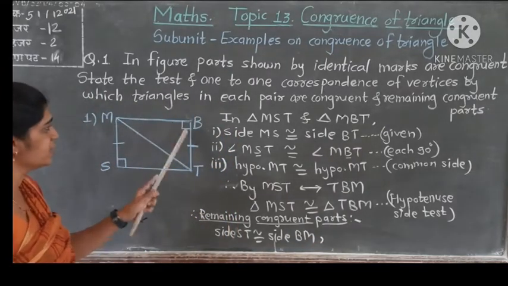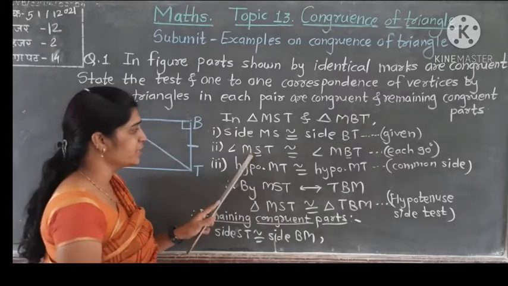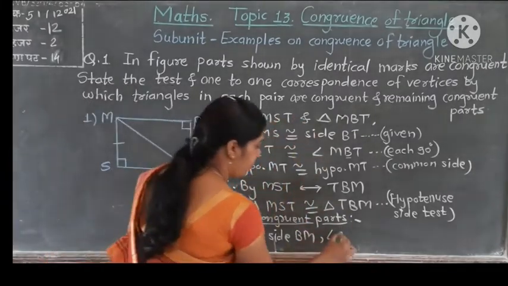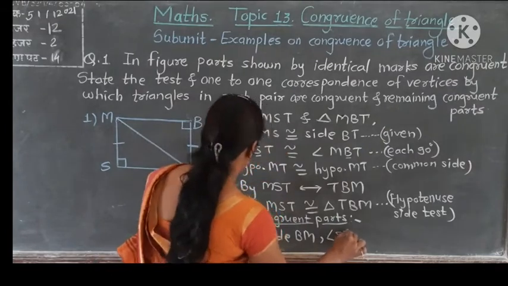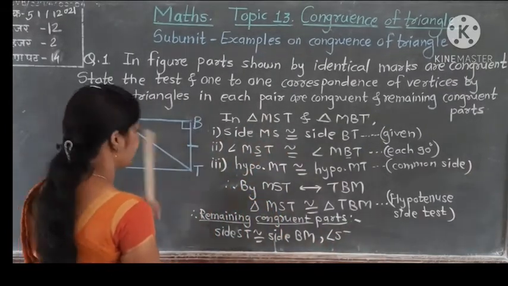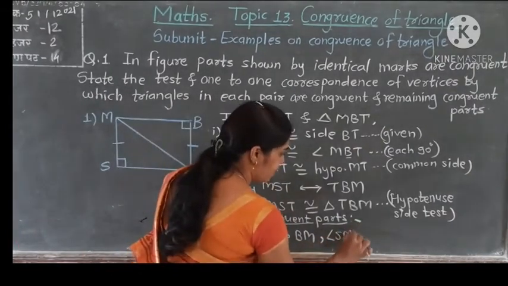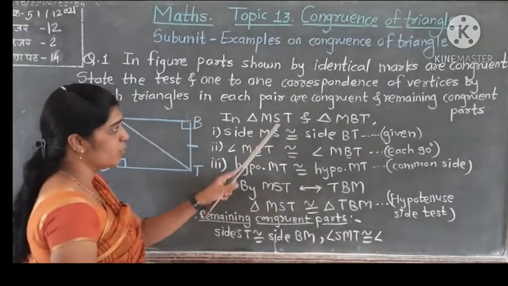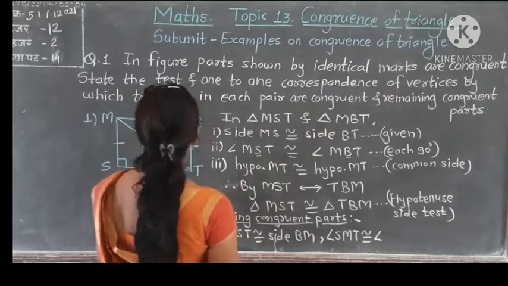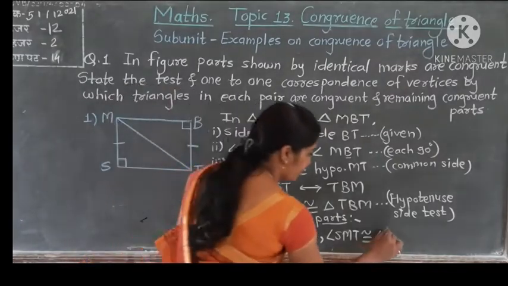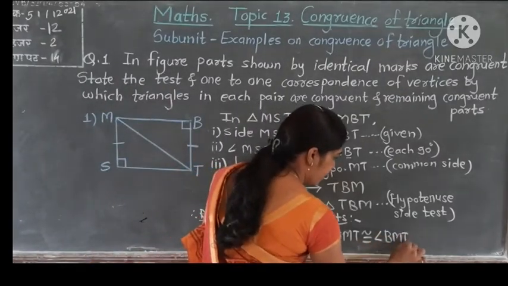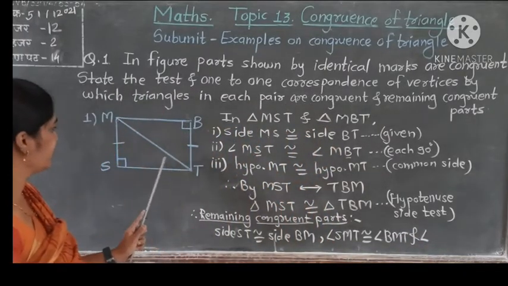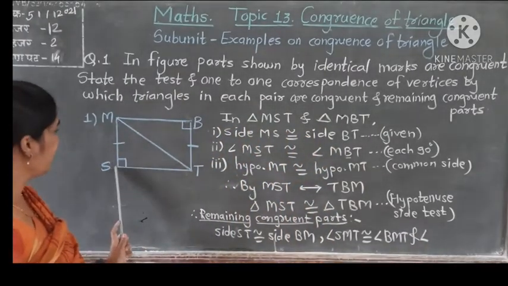Angle S is gone. Then which angle is M? Angle M means angle SMT. Angle SMT is congruent to angle BMT. And angle T, what is meant by T?